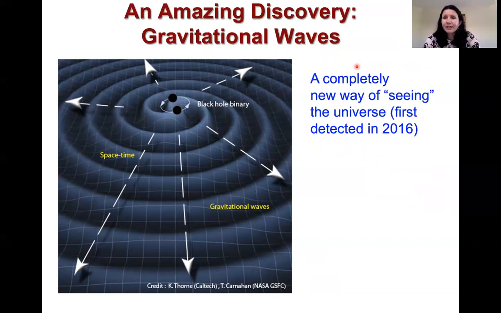Until you actually measure it, it's just a theory. But finally, in 2016, they were measured for the first time. So what exactly are gravitational waves? Well, they're waves that travel through space-time.